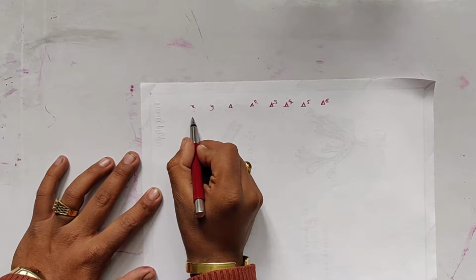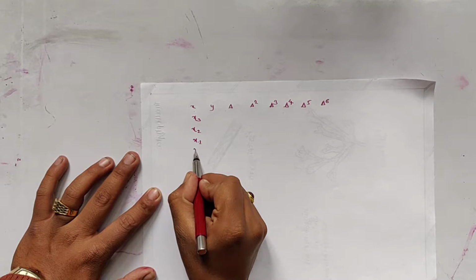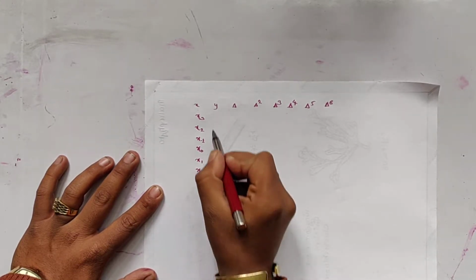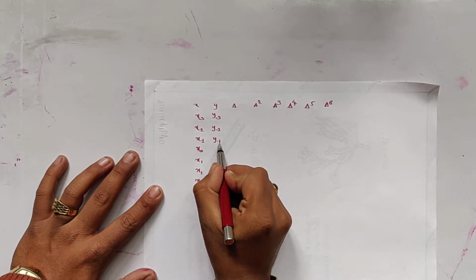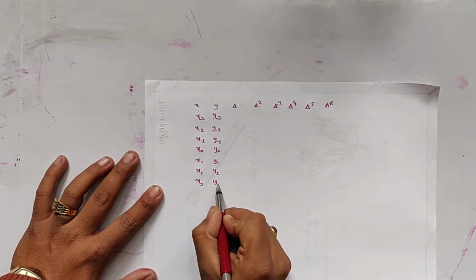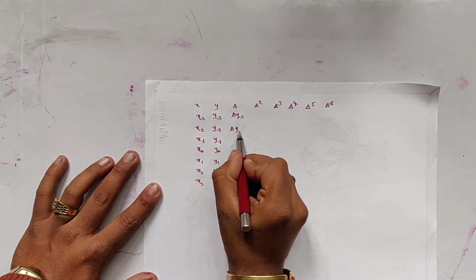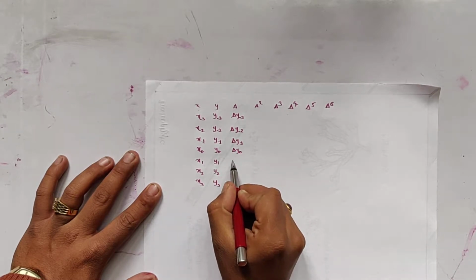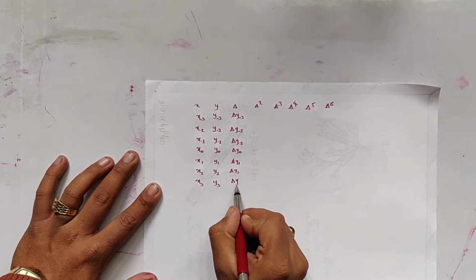Let it be x minus 3, x minus 2, x minus 1, x naught, x1, x2, x3. So it is y minus 3, y minus 2, y minus 1, y naught, y1, y2 and y3. Then del y minus 3, del y minus 2, del y minus 1, del y naught, del y1, del y2, del y3.